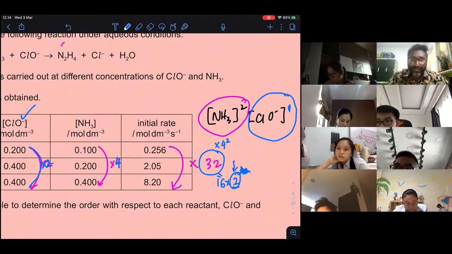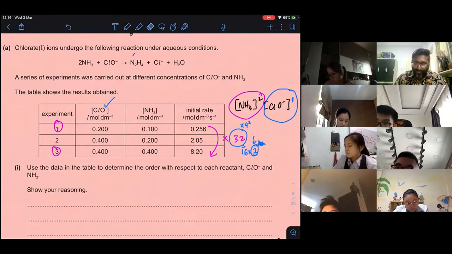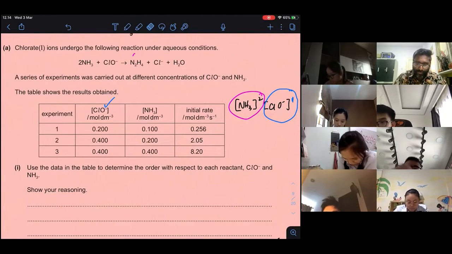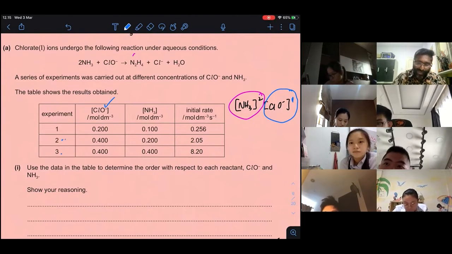If you don't understand, I can also show you using a different experiment combo. Maybe we don't use the 32 you see here. Just now I used 1 and 3, maybe now I use 1 and 2.